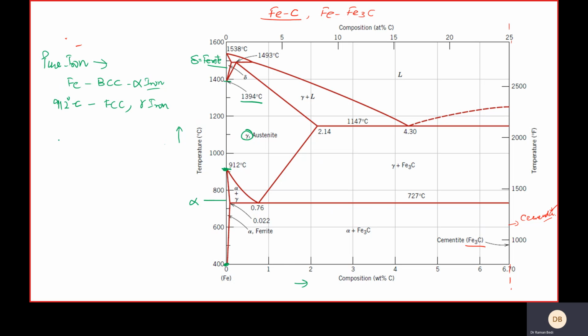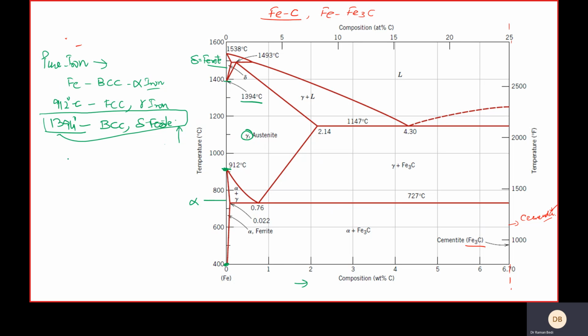So at 1394 it again goes to BCC, called delta ferrite. This happens at high temperatures, and we may not be that interested in this particular phase of iron.